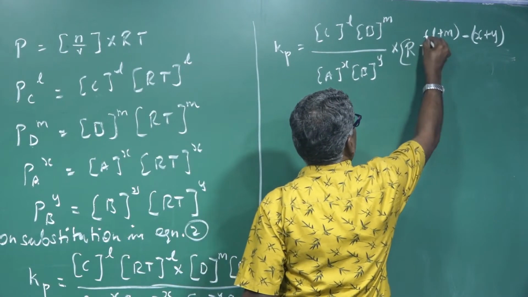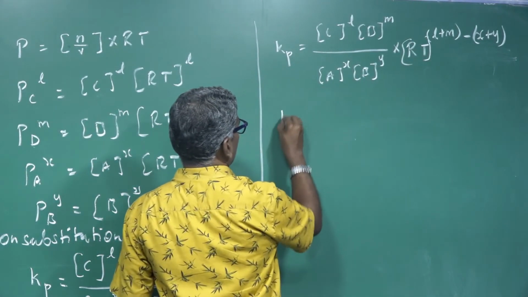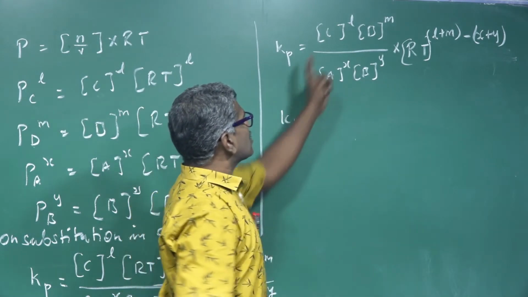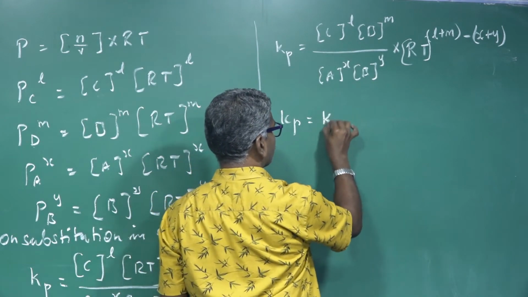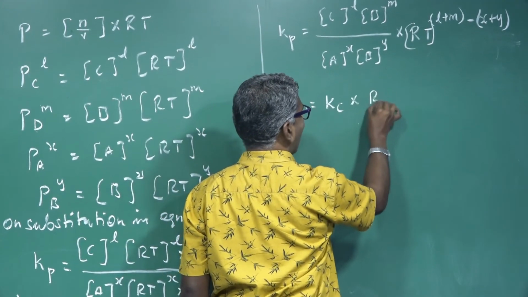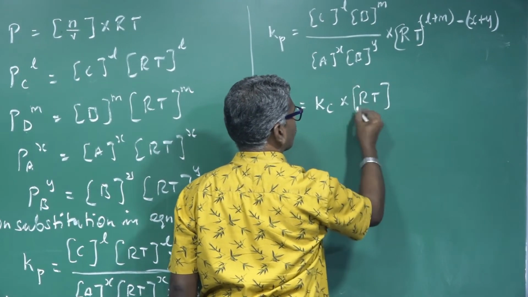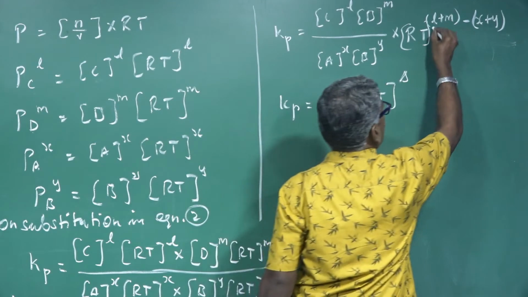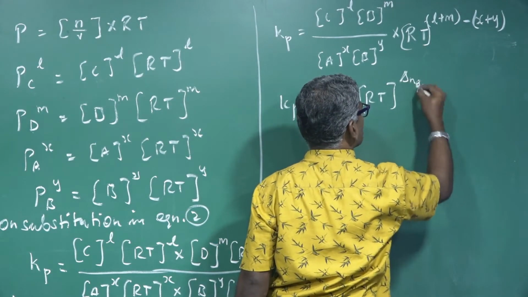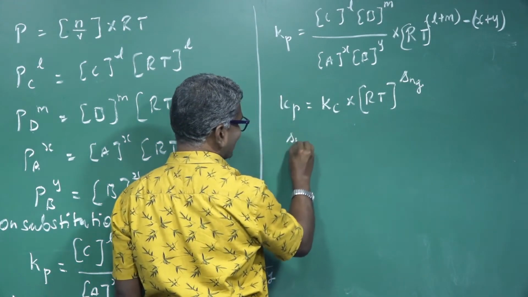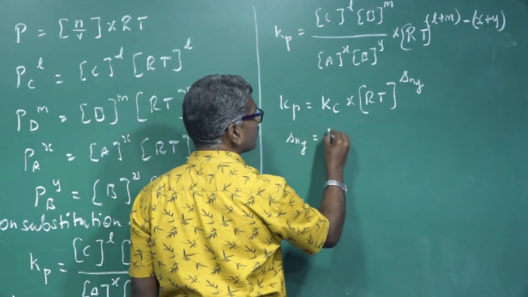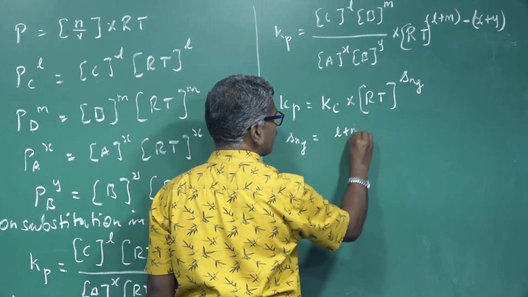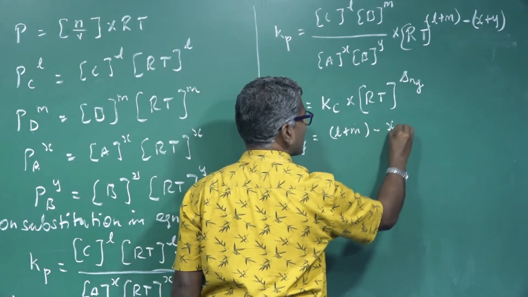This whole concentration term is nothing but Kc, into RT, and this power is delta Ng, that is l plus m minus x plus y.